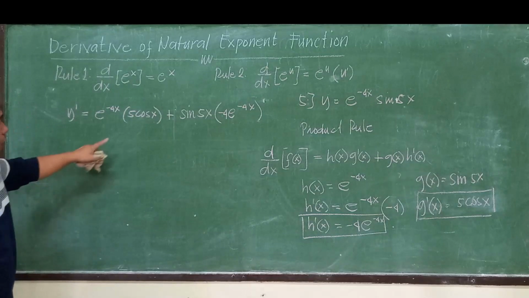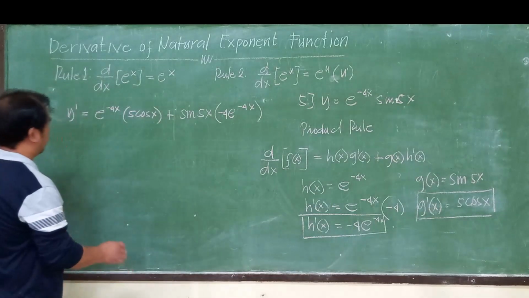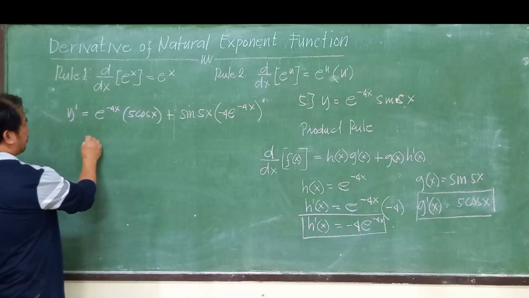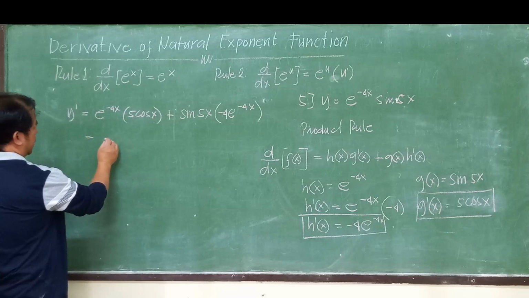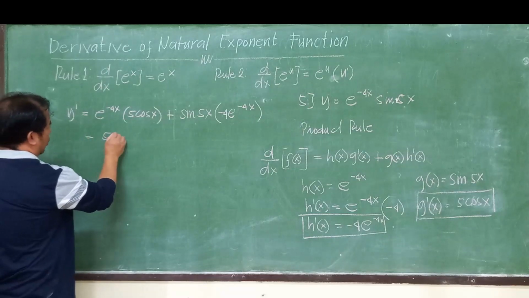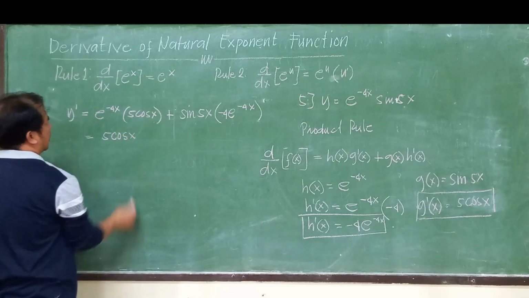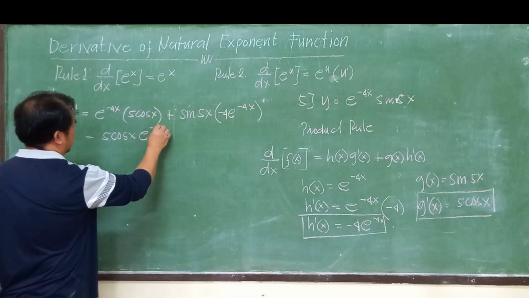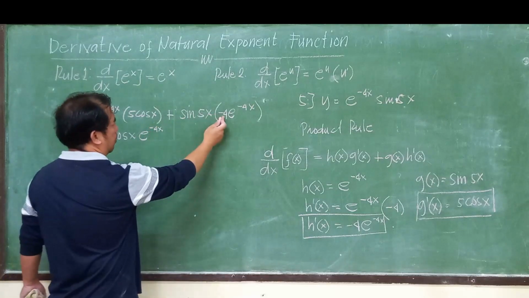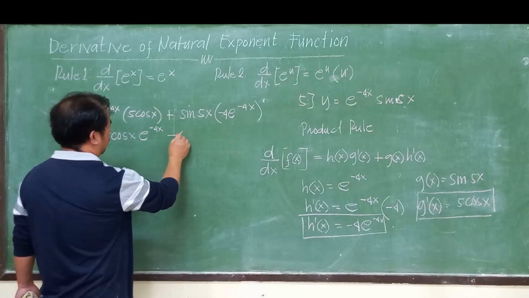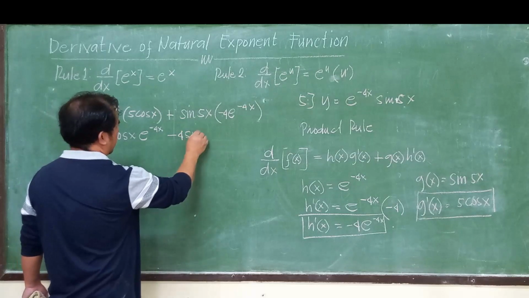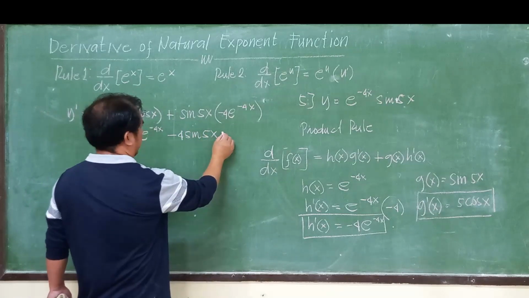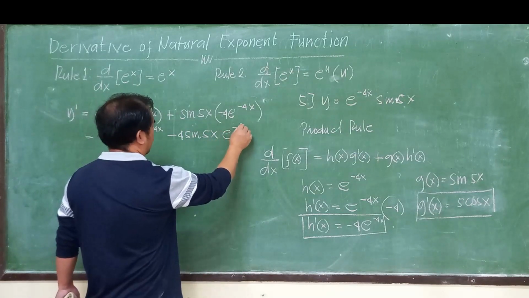Now you have to simplify. If I were to simplify, we multiply this one, that is the same as 5 cosine x multiplied by e raised to negative 4x. What about this one? Multiply. We have negative 4 sine 5x again e raised to negative 4x.